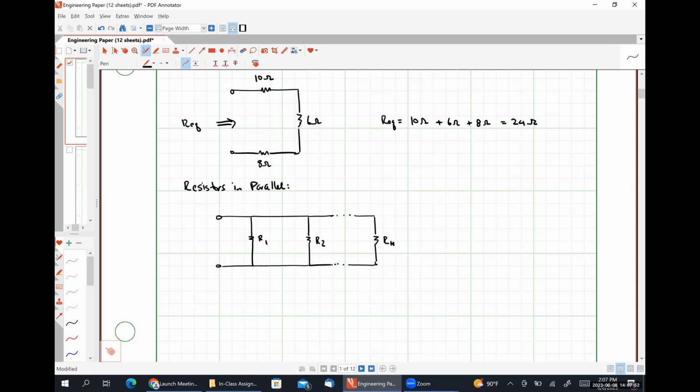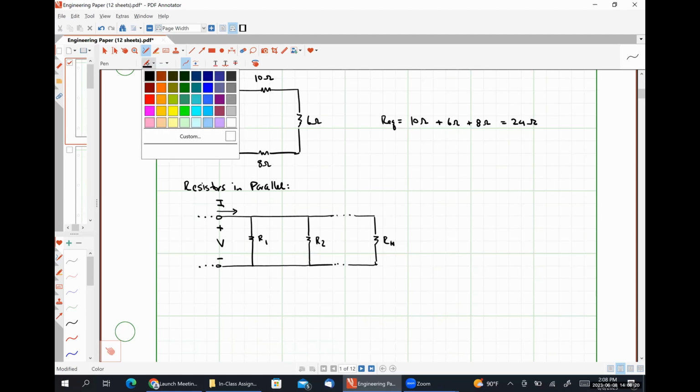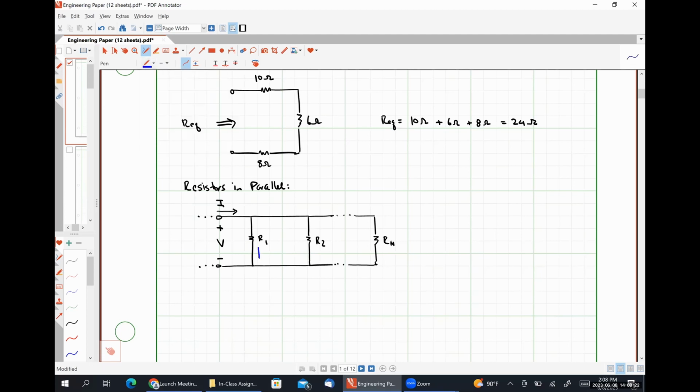And just like before, this may be part of a larger circuit. The voltage drop across all of these resistors connected in parallel will be V, and the current flowing into this resistor network is going to be I. So now I am going to assign a direction for all of my resistor currents, and I'm going to choose that direction to be down.